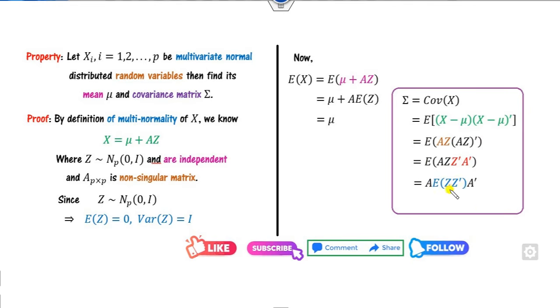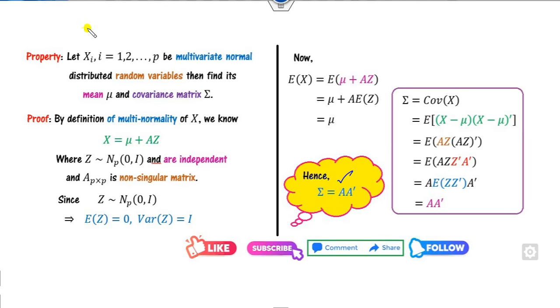Because we all know variance of x is expected value of x square minus expected value of x whole square. So always remember, the mean of x is mu, and the variance, or covariance, is A into A transpose.